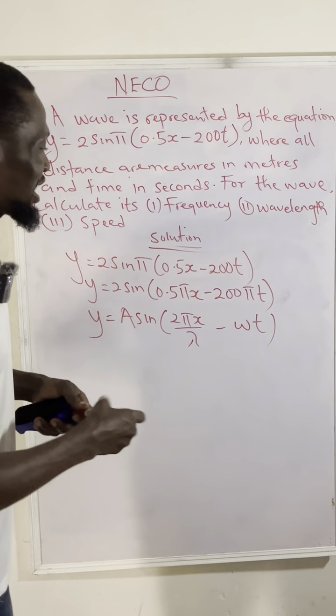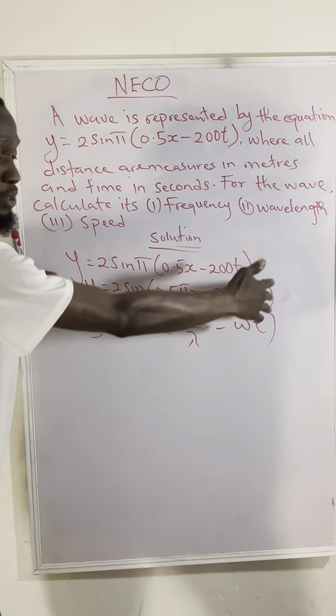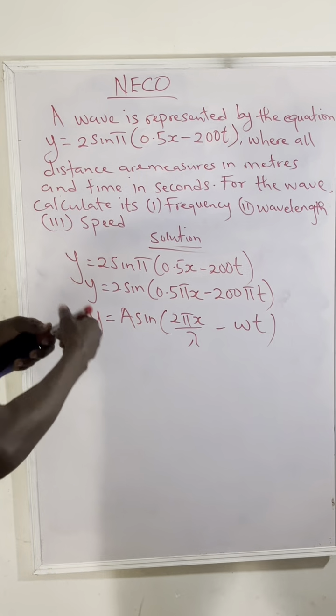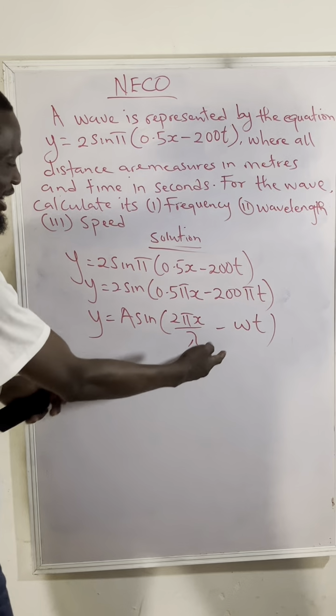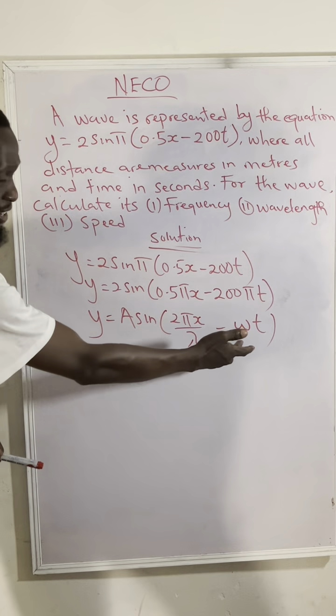If you look at what we have here, this equation resembles what we have in this equation. But we are asked to find the frequency, and this general equation has nothing like frequency.